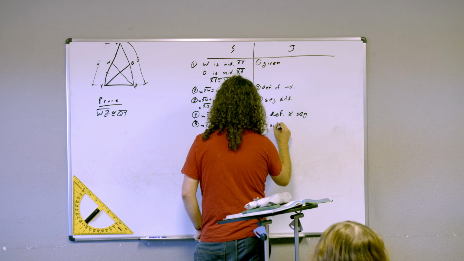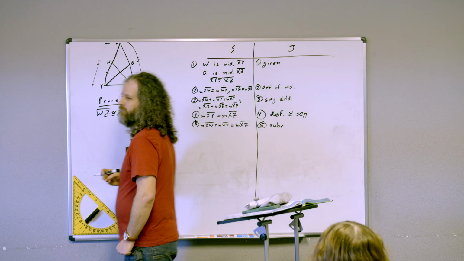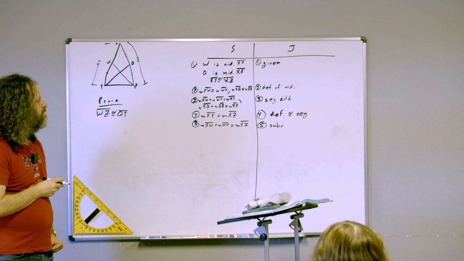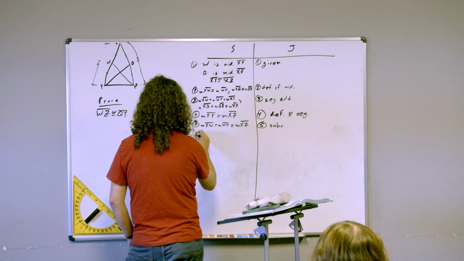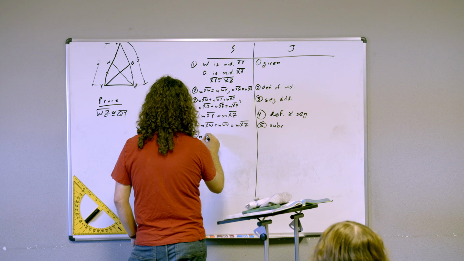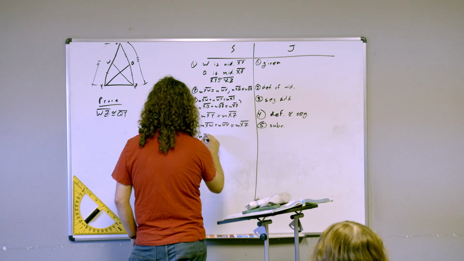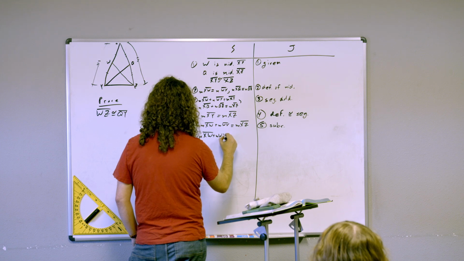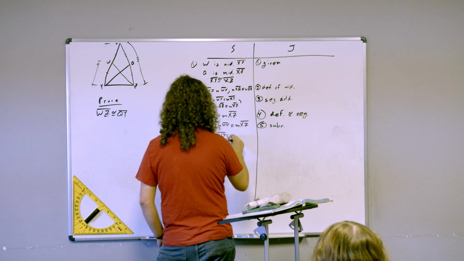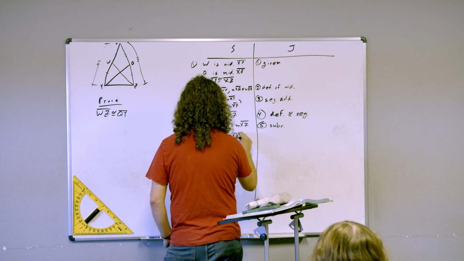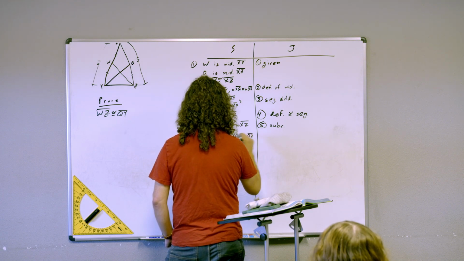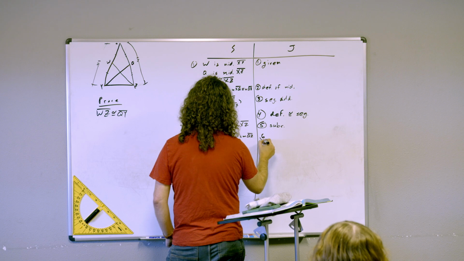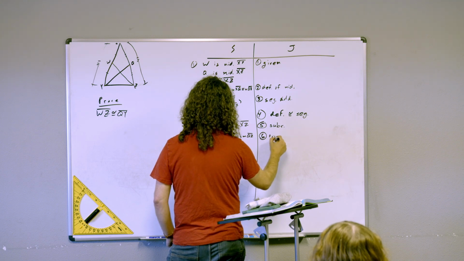So what I tried to do for my second step... Not yet. Oh my gosh. The measure of XW plus the measure of WY equals the measure of XQ plus the measure of QZ, because of the transitive property or substitution.